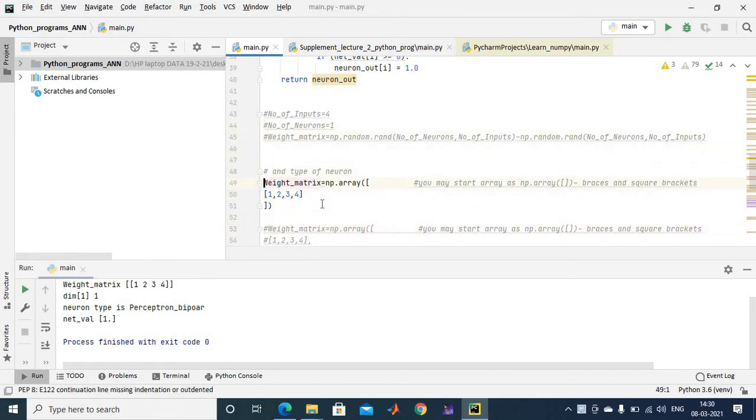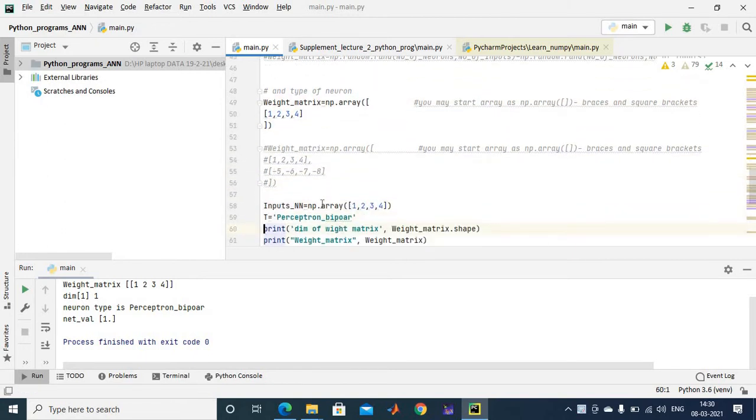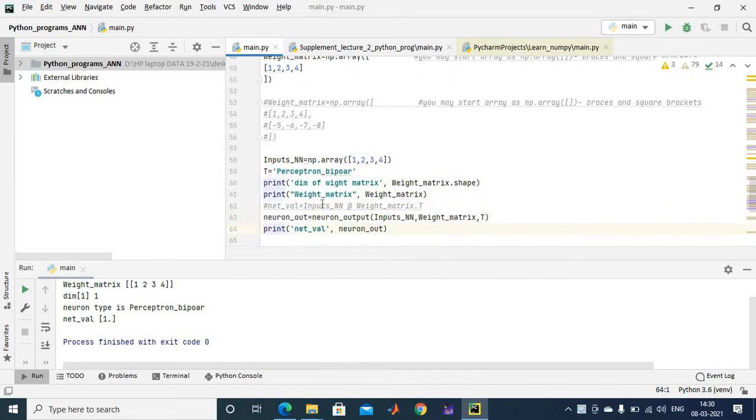There would be a weight matrix, as we have seen in our lecture, and then there will be an input, and the inputs will be given to the neural network, and the neural network will be defined by this weight matrix, and there is a perceptron or whatever type of neuron over here. Then we'll try to see what the neuron outputs when you supply the input.